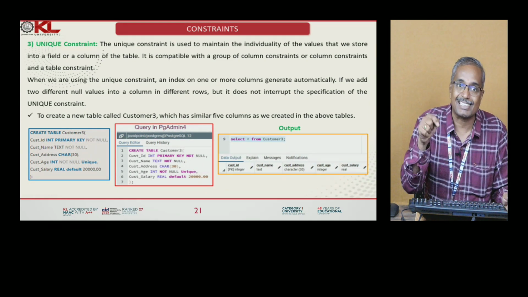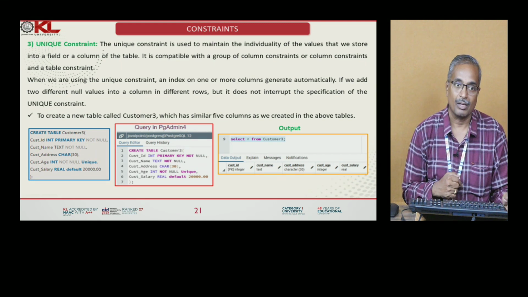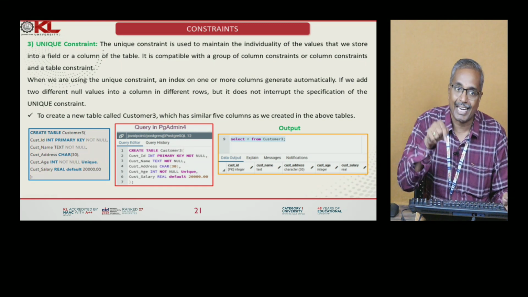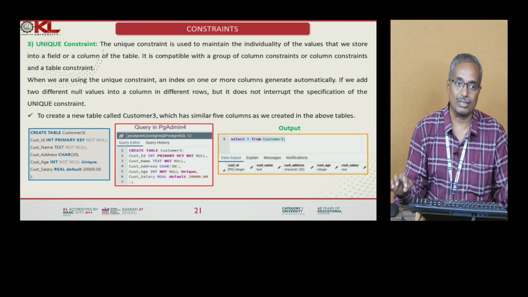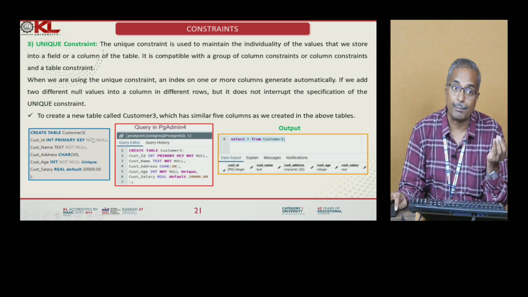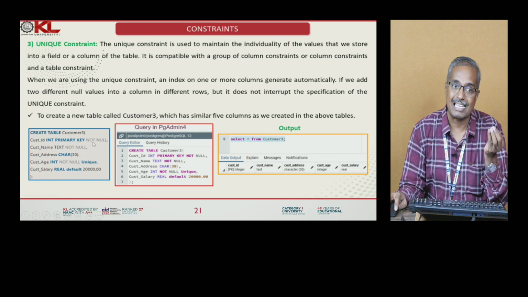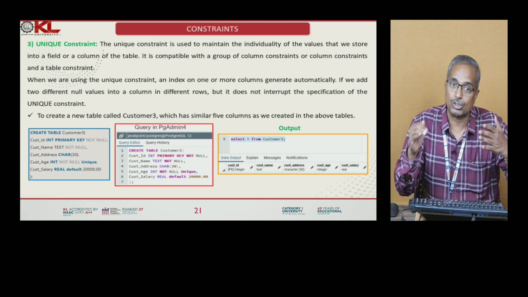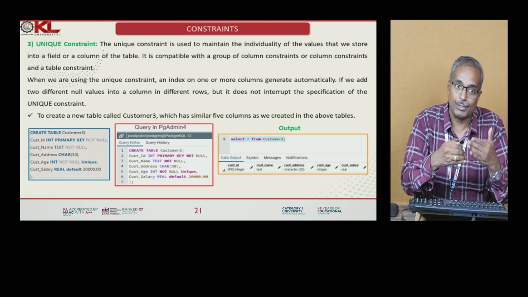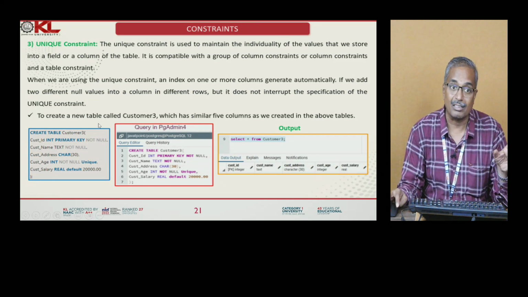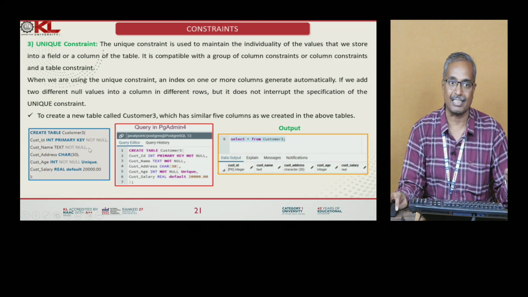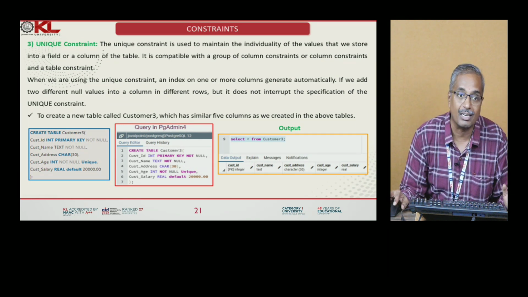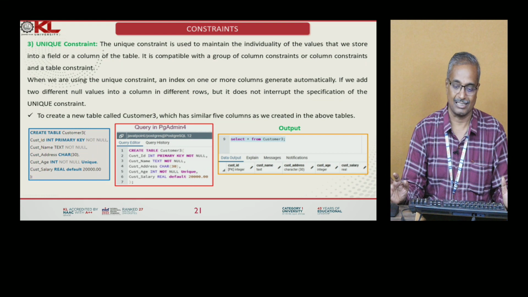The student register number is unique, the customer ID is unique, and the employee ID is also unique. So if you want to keep a column value unique and you try to store duplicate data, it will restrict that data and cannot accept it. That is the main use of the unique constraint. The next one.